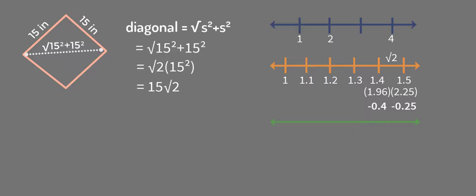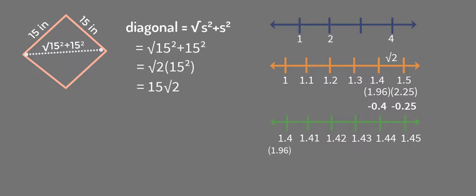So now we move on to the next level, hundredths. We know it's closer to 1.4, so let's look at 1.4, 1.41, 1.42, and so on. We already know 1.4 squared is 1.96. What about 1.41?